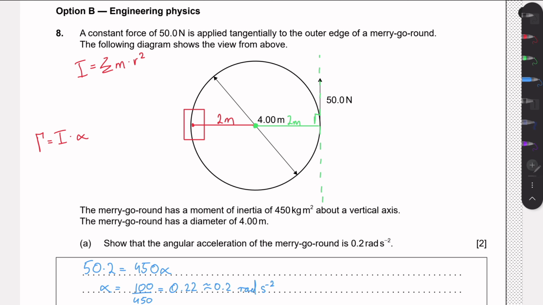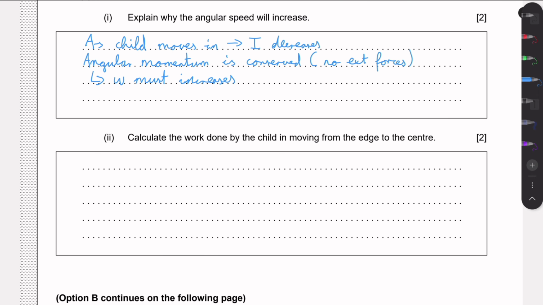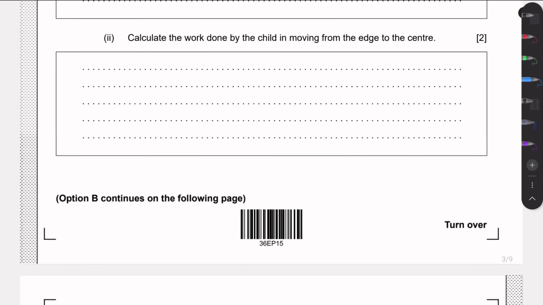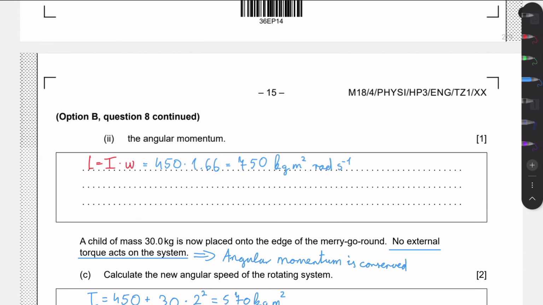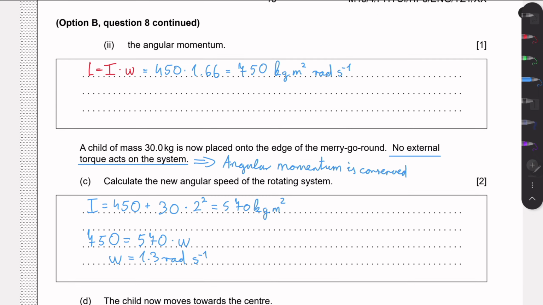The radius is just 0 here, so no extra moment of inertia. So when the child is in the center of the merry-go-round, we assume to have the initial moment of inertia. And if we have the initial moment of inertia, that means our speed is 1.66, as angular momentum is conserved, as we just discussed.